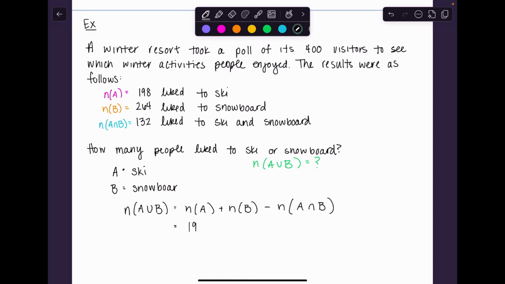So this is 198 plus 264 minus 132. Okay. So if you go through that, you should end up with 330 on your calculator. But give it a shot to double check. Okay. So that's one way you can go about this problem.